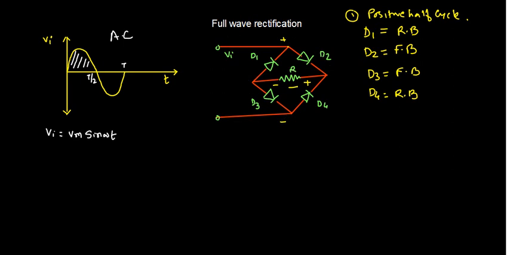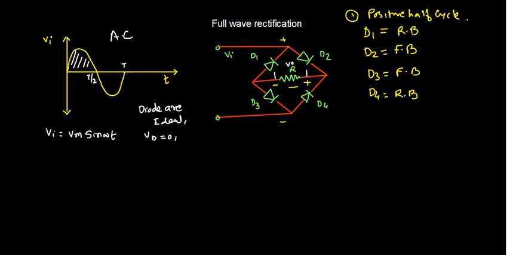Now when this is happening, we have to measure our output at these two terminals across the load resistance. As you can see, we consider the diodes to be ideal. Diodes are ideal. You can see VD will be 0 for each and every diode, so there is no voltage drop.